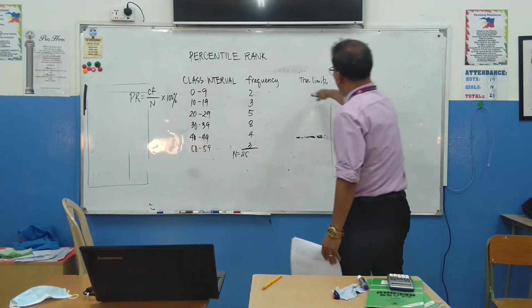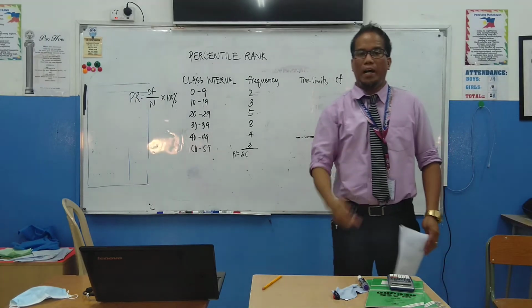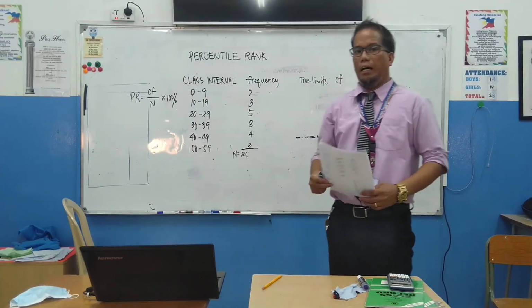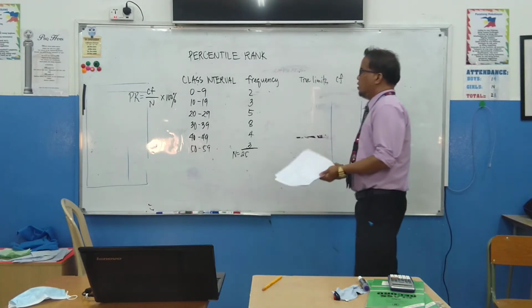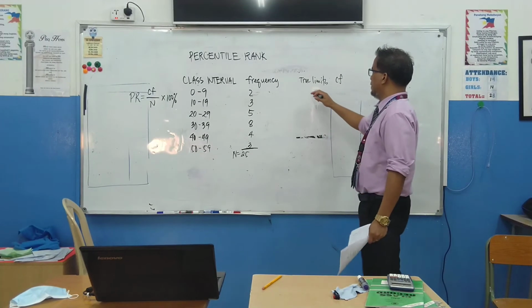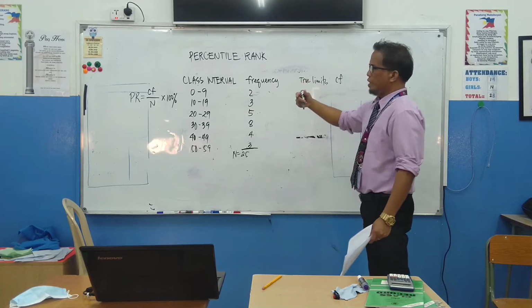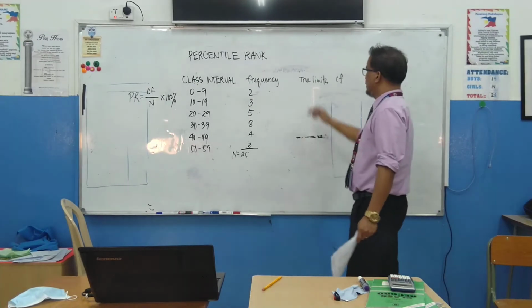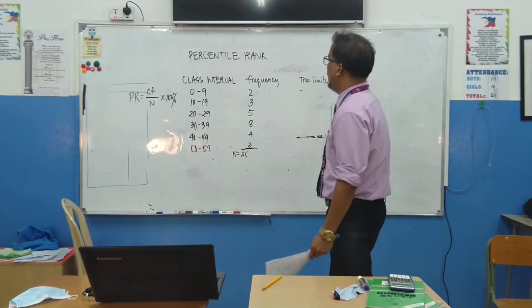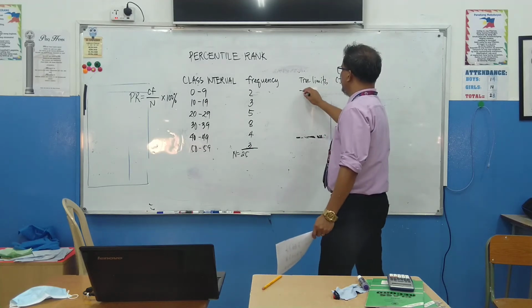Now, in the true limits, to find the lower limits, just subtract 0.5. So we have 0 minus 0.5, which is negative 0.5.